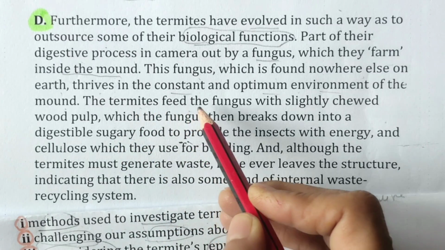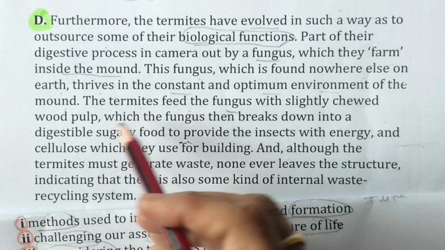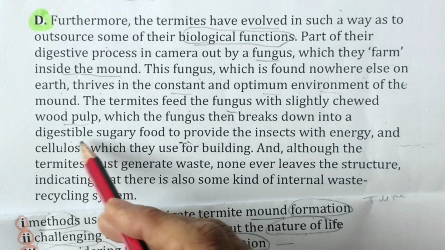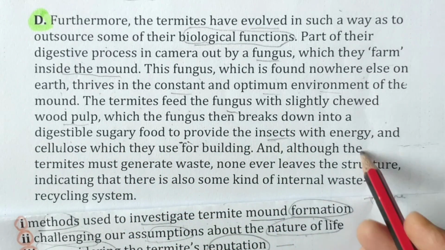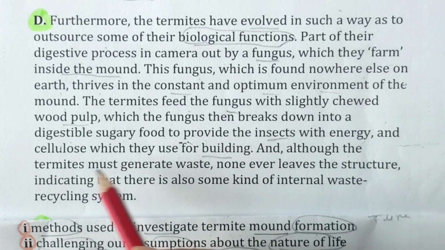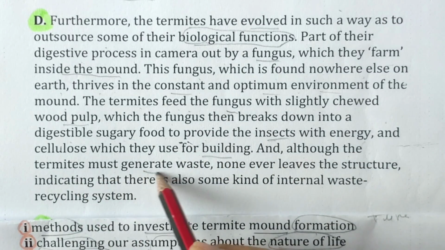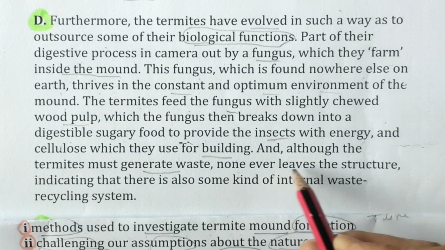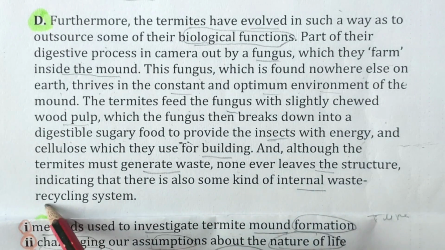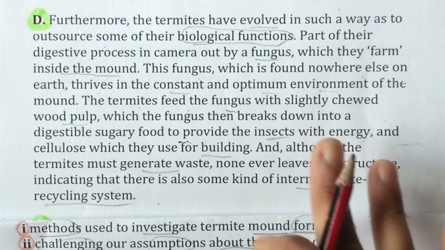The termites feed the fungus with slightly chewed wood pulp, which the fungus then breaks down into digestible sugary food to provide insects with energy and cellulose, which they use for building. And although the termites must generate waste, none ever leaves the structure, indicating that there is also some kind of internal waste recycling system.